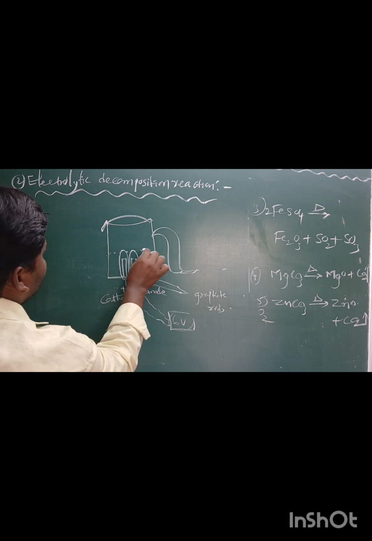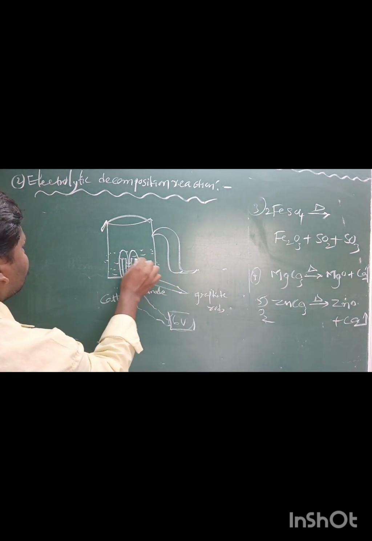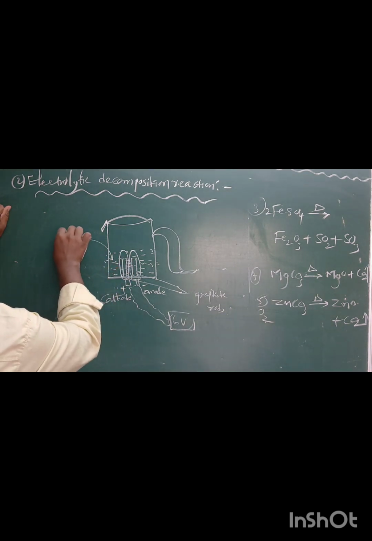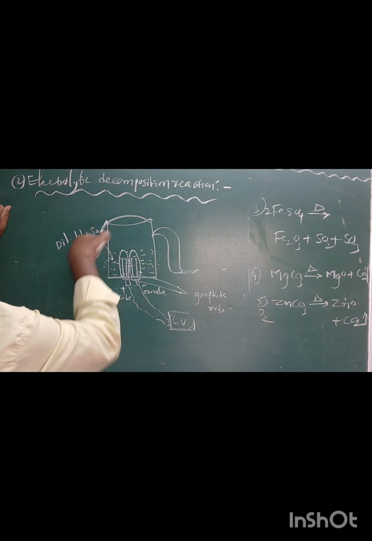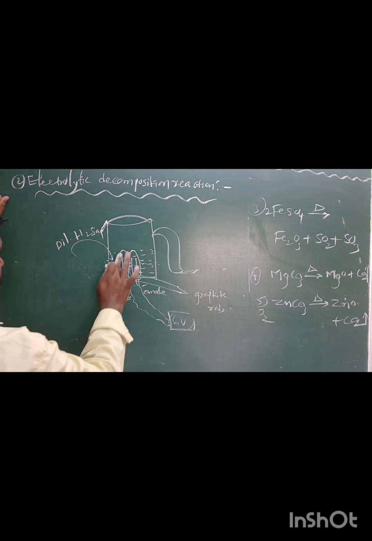Pour some water in it. Add a small amount of dilute H2SO4 solution to the water. Switch on the battery.